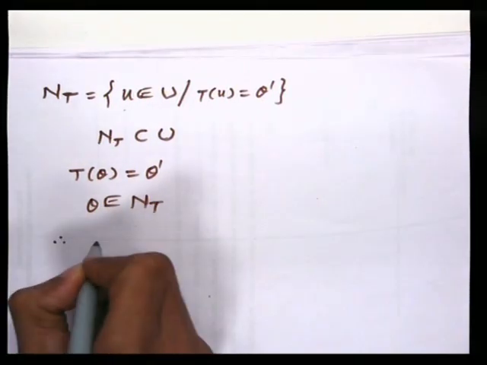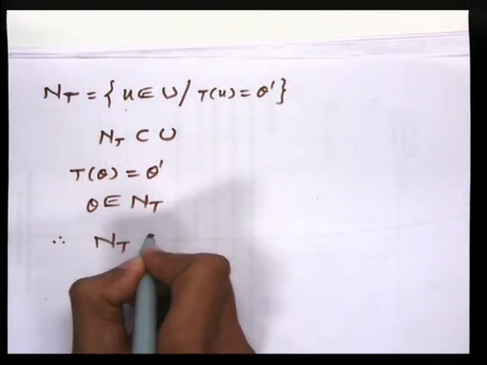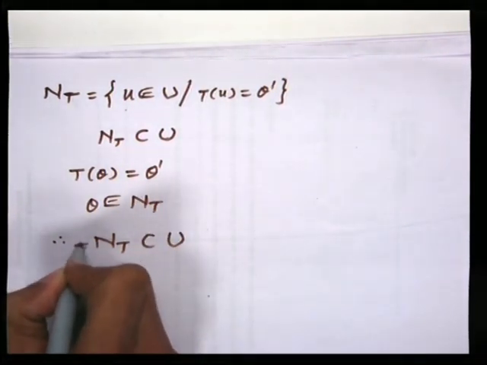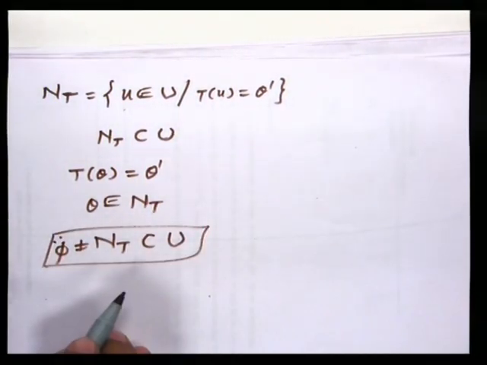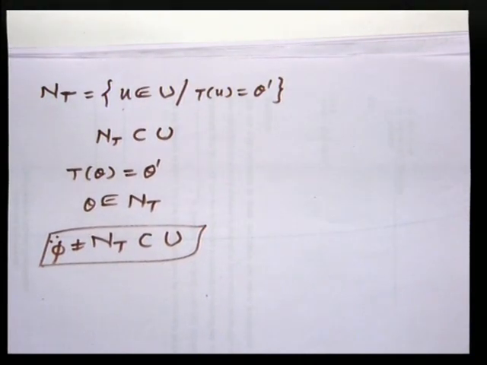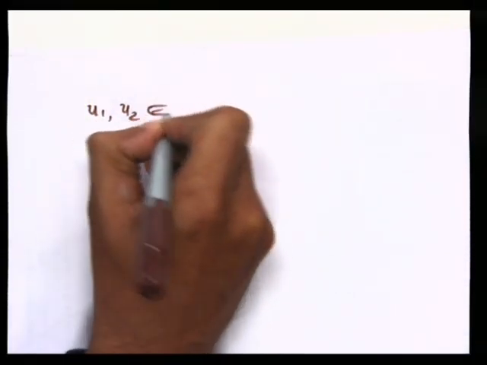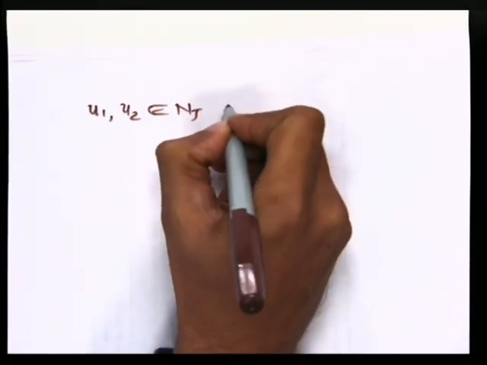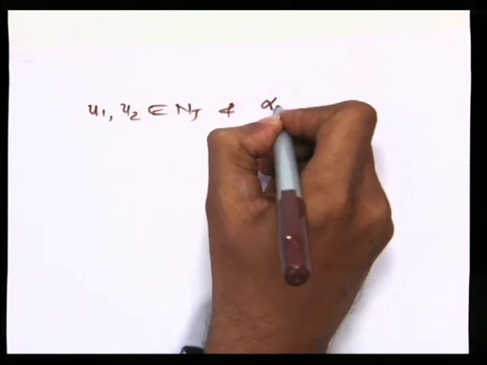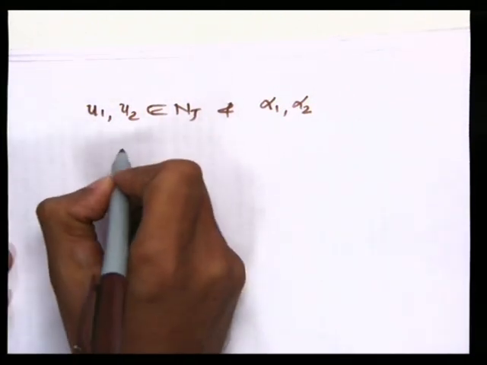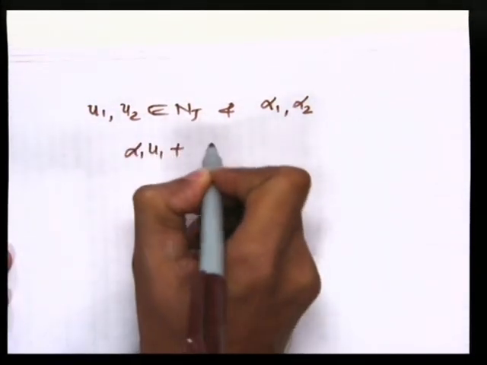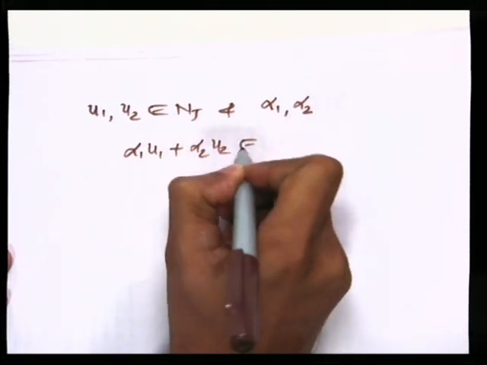Therefore the set NT is a non-empty subset of U. Now to prove this is a subspace of U, we take two vectors u1, u2 belonging to NT, and any two scalars alpha 1, alpha 2, and we will show that alpha 1 u1 plus alpha 2 u2 belongs to the set NT.